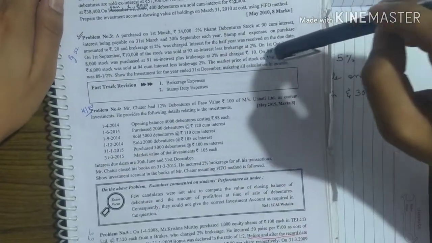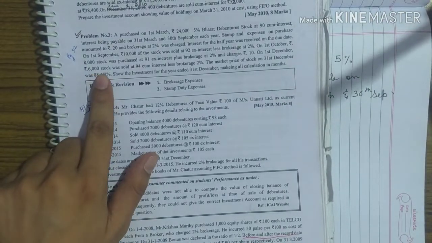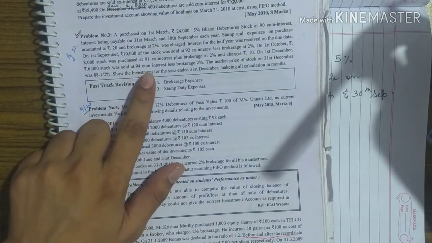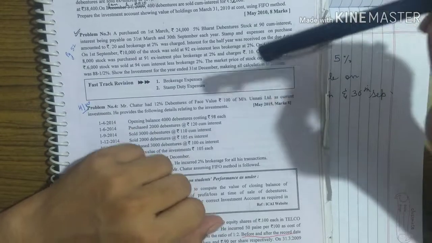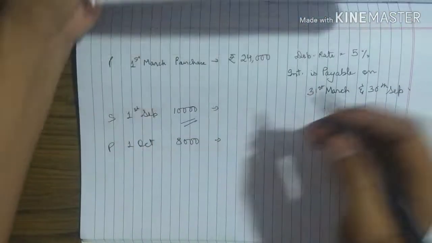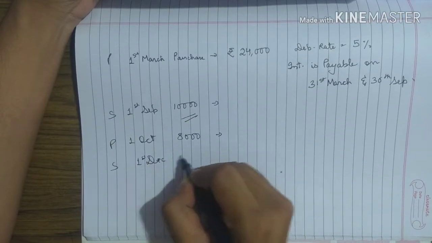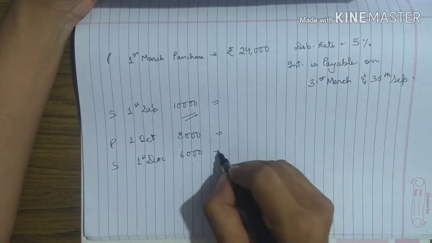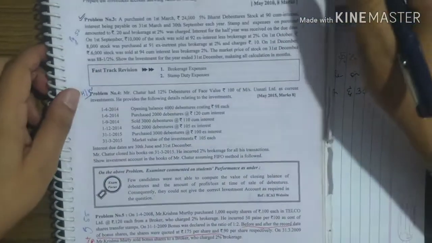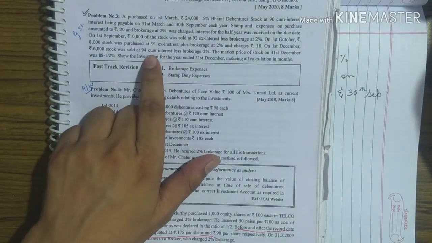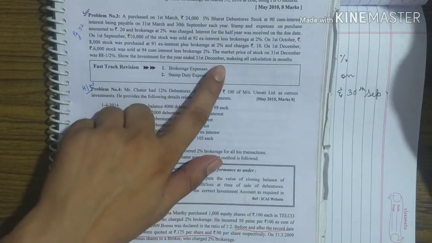Further, on 1st December 6,000 stock was sold at 94 CumInterest less brokerage 2%. Which means a selling entry on 1st December of 6,000 at 94 CumInterest less brokerage 2%.